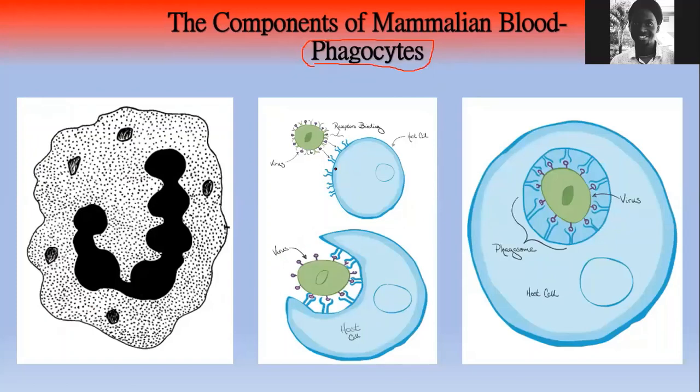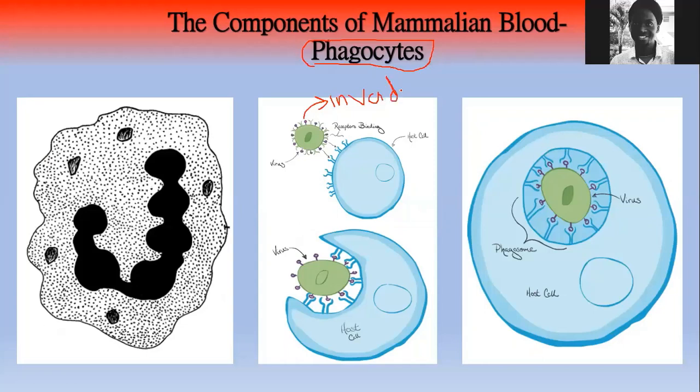The first thing that would happen is that the phagocyte, the host cell, would bind or form a connection with the foreign invading cell. This is an invader in the form of a virus.